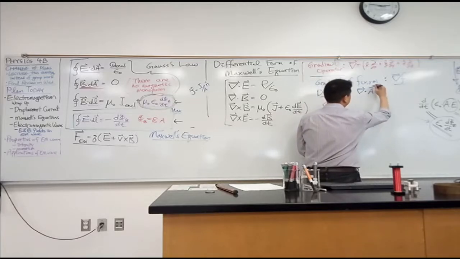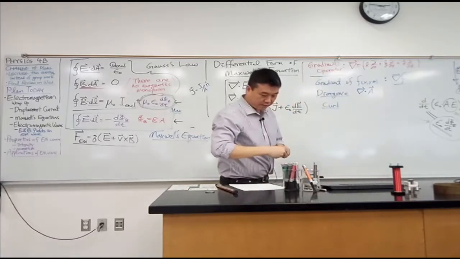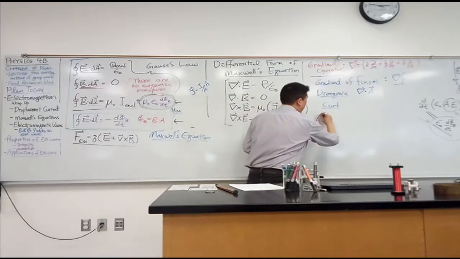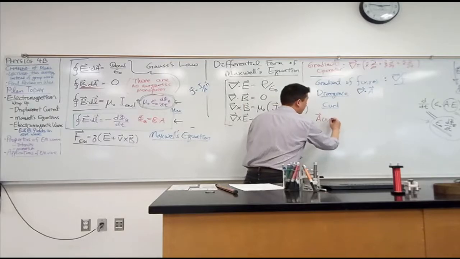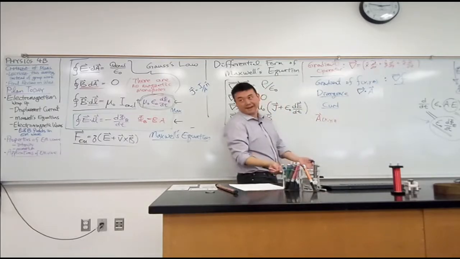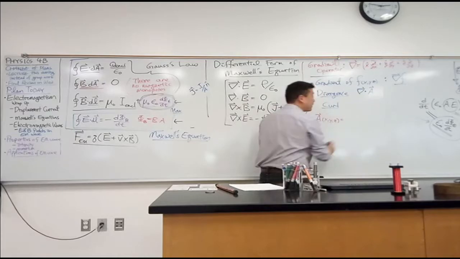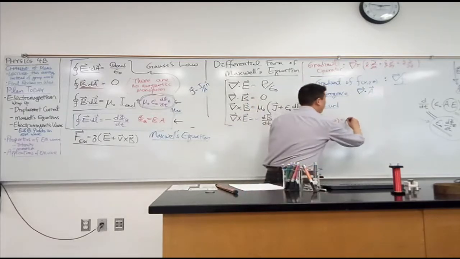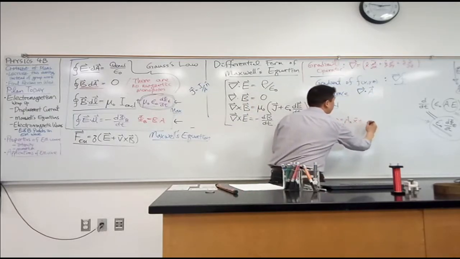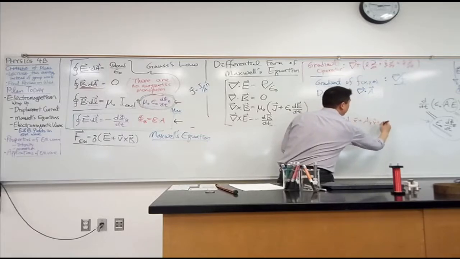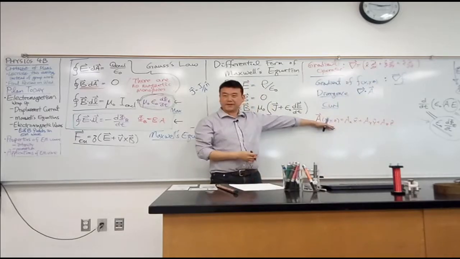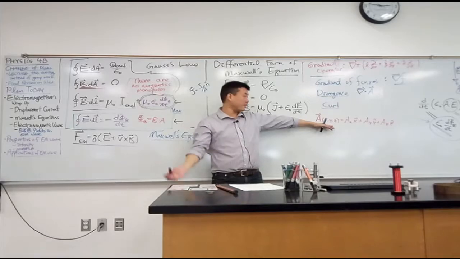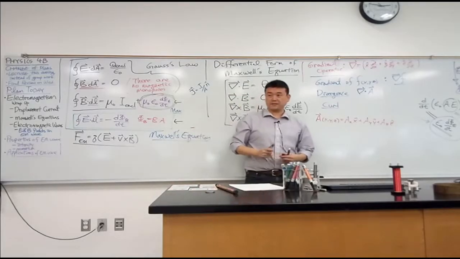I didn't write down a vector field here, so let me write it down. A vector field A, for example, is a function of position x, y, z, and possibly time. And it'll have components: an x component, a y component, and a z component. Do you know anything that's like this vector field? Any physical quantity that can be expressed as a vector field?